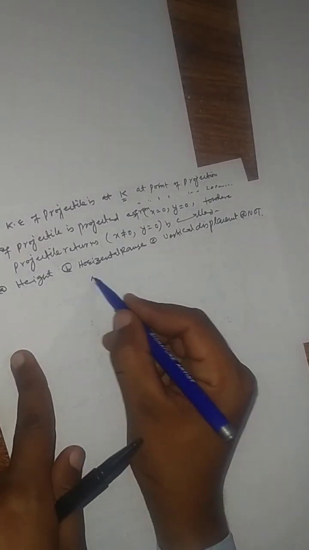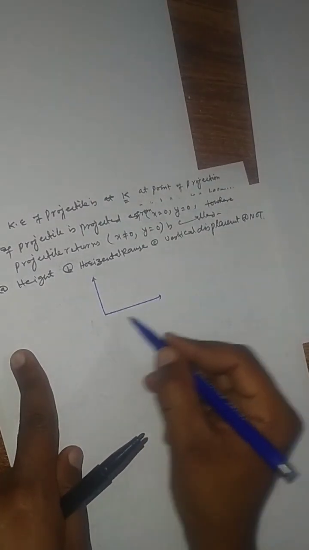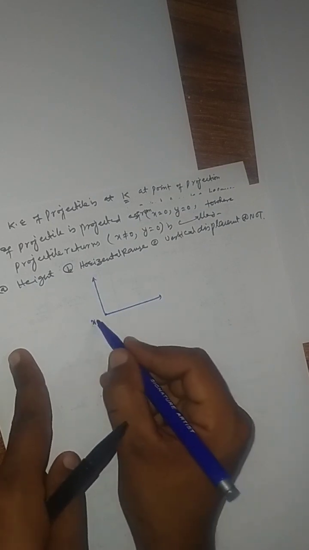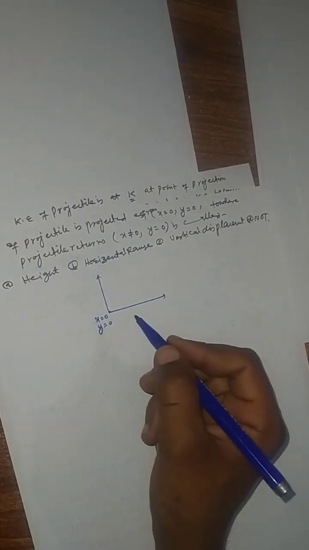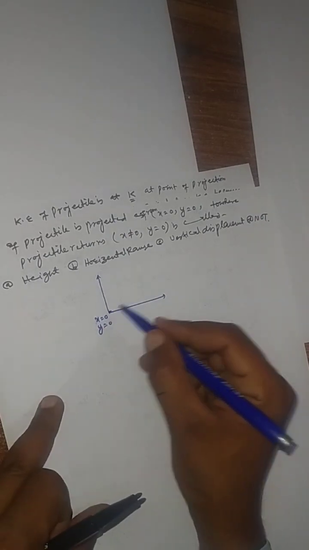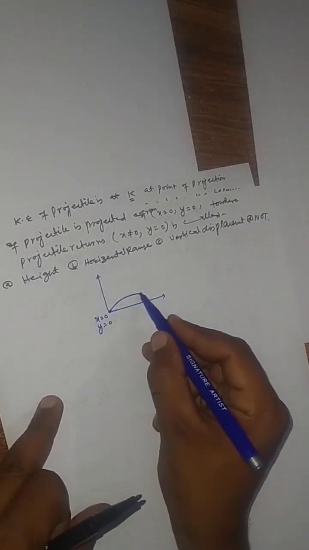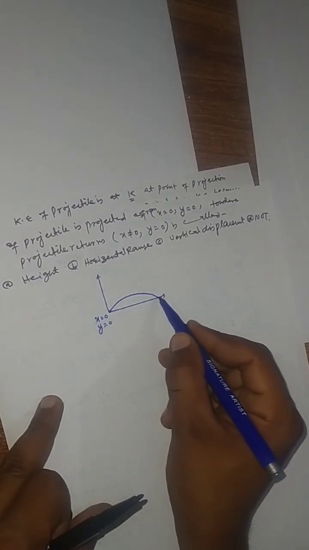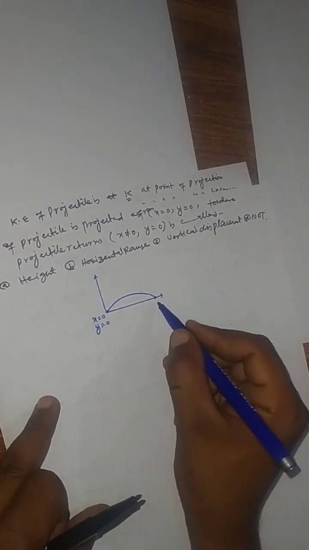How? Let's see. Okay, if a projectile is projected from here, x is equal to 0, y is also equal to 0. If projectile is projected from here initially and returns to this point, this is the returning point.